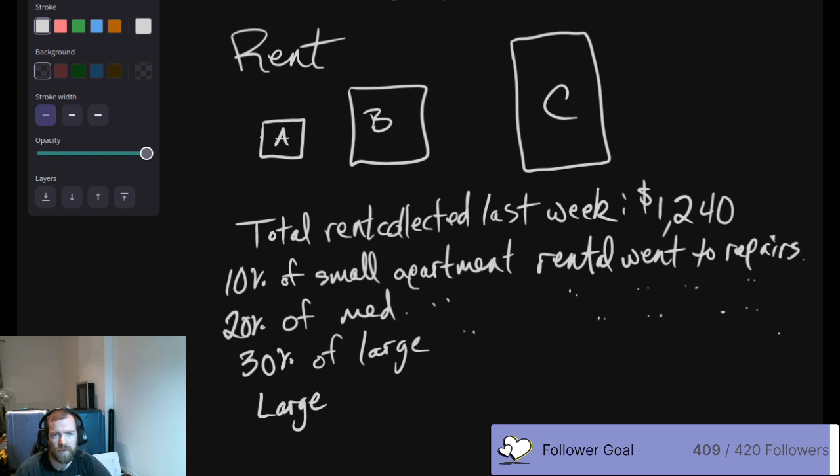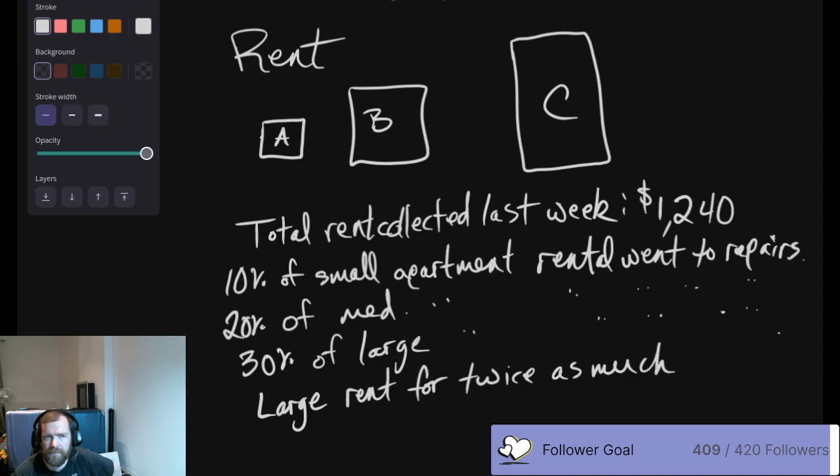Large apartments rent for twice as much as the small ones.